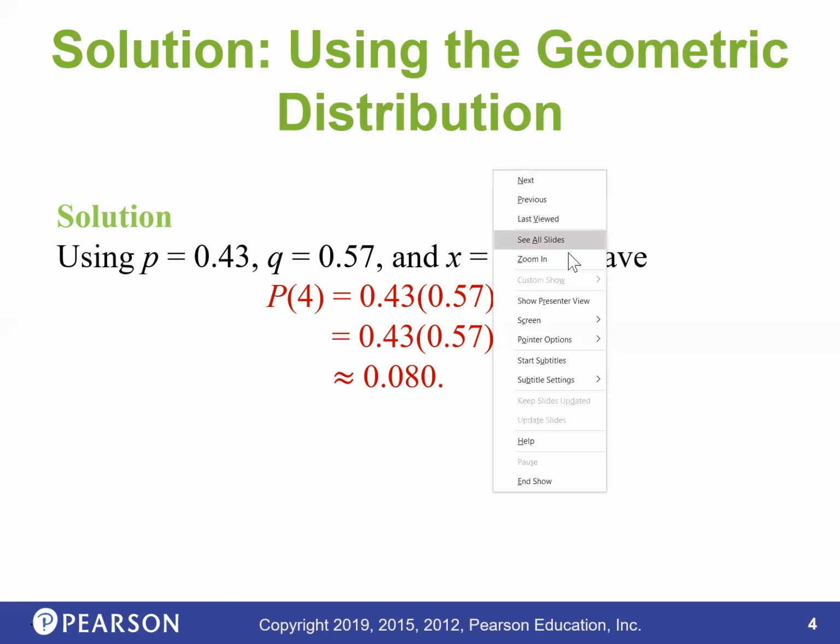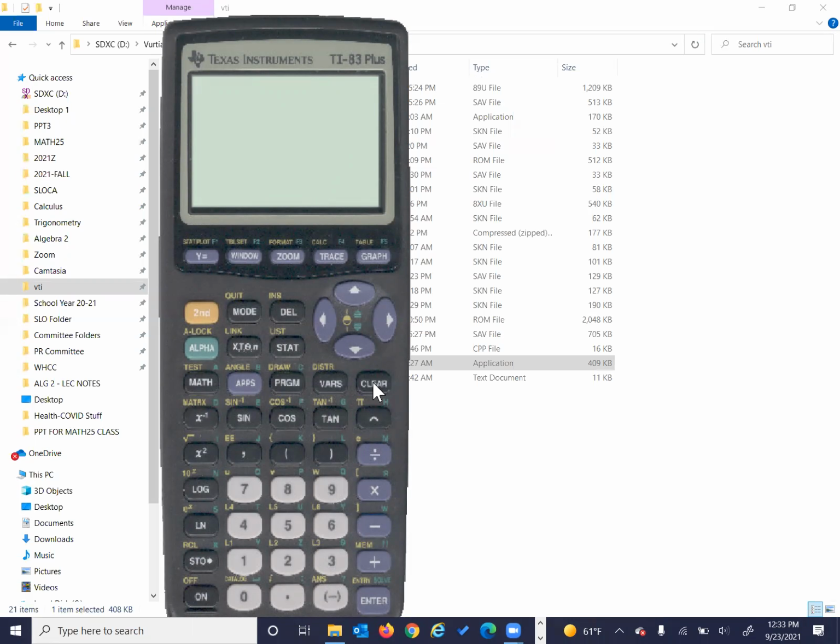Find it real quick. Okay. So on your calculator, you're going to find some fun statistics menus here. You ready?